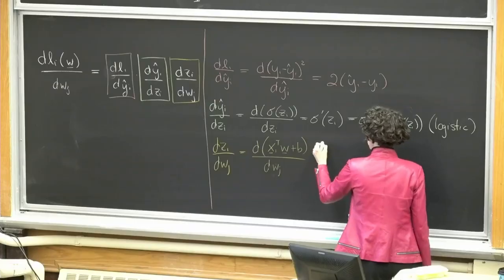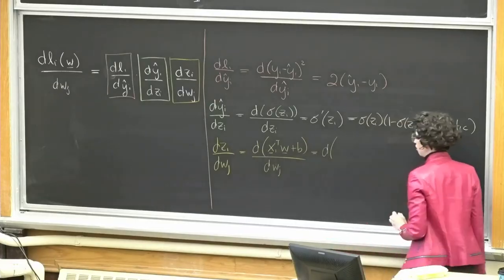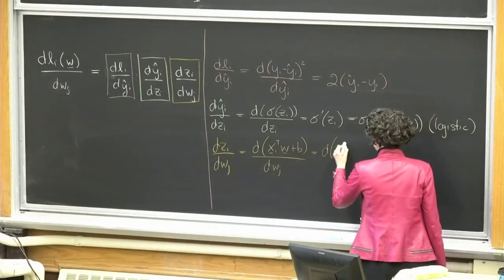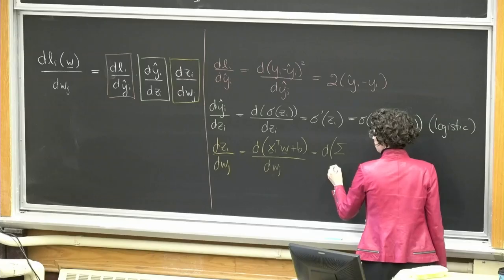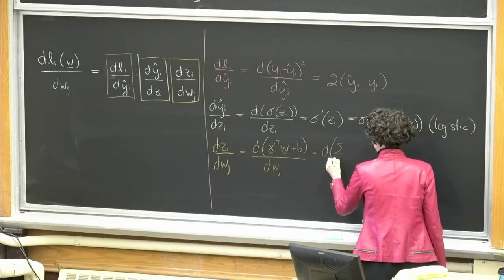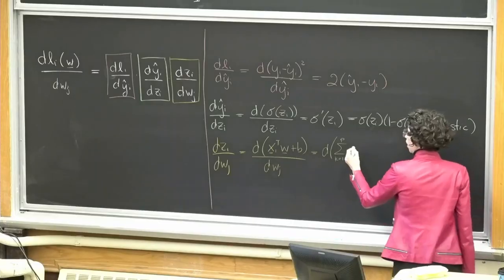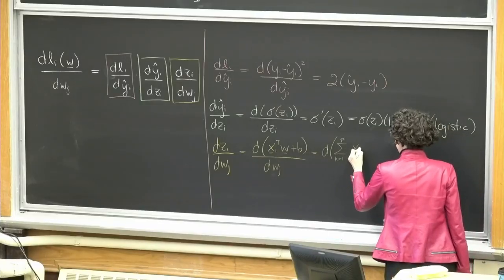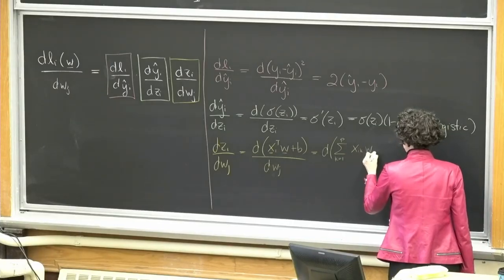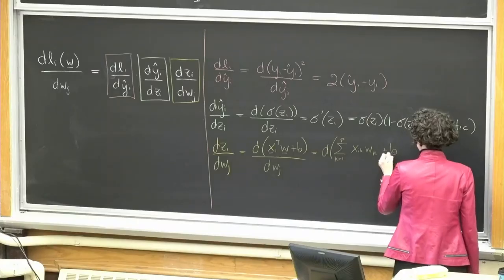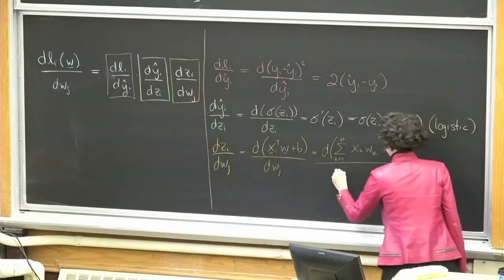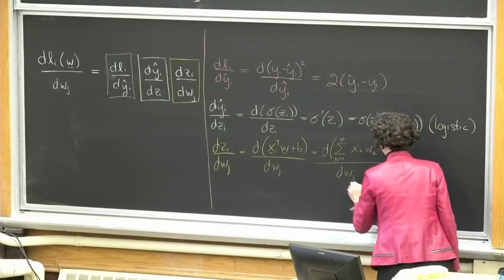And just to be pedantic and slow about this, this is equal to the sum from k equals 1 to p of xik wk plus b, and we're taking the derivative of that with respect to wj.